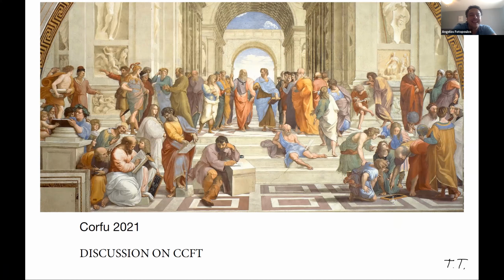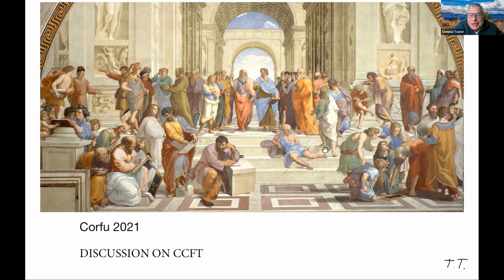So we had already two excellent introductions to the discussion. So I decided to go lighter and focus on this painting, which is appropriately called the School of Athens. Here you have Plato, we have Aristotle.